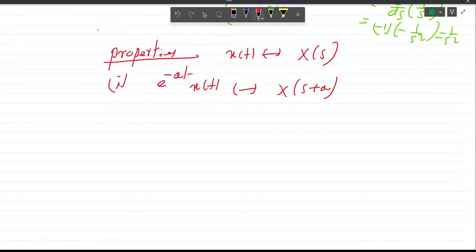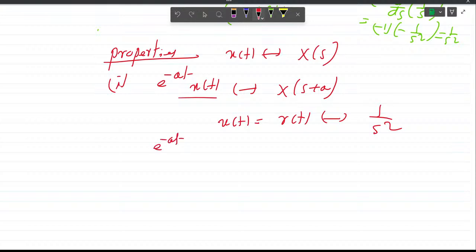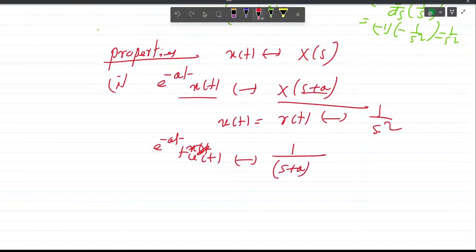If you are still confused, let us say x(t) is equal to r(t), the ramp. Its Laplace transform is 1 upon s square. Now e to the power at r(t), or t u(t), has the Laplace transform, using this property, where wherever there is s you put s plus a.